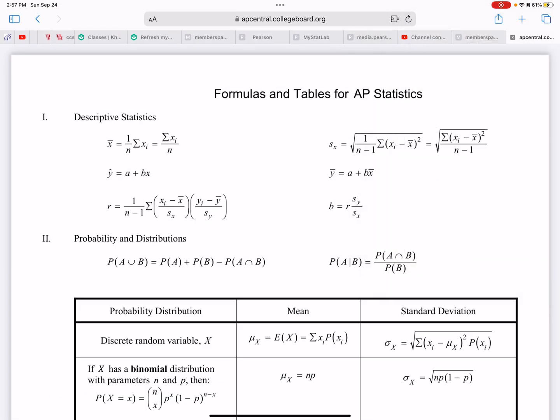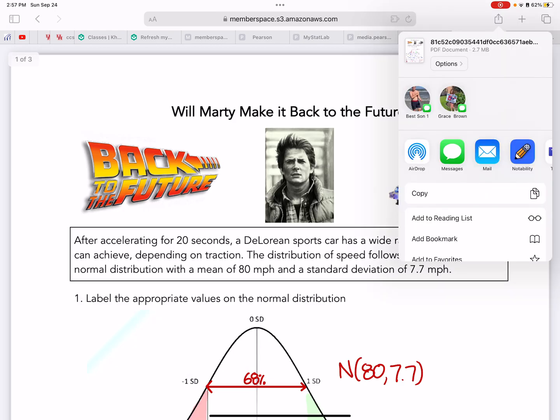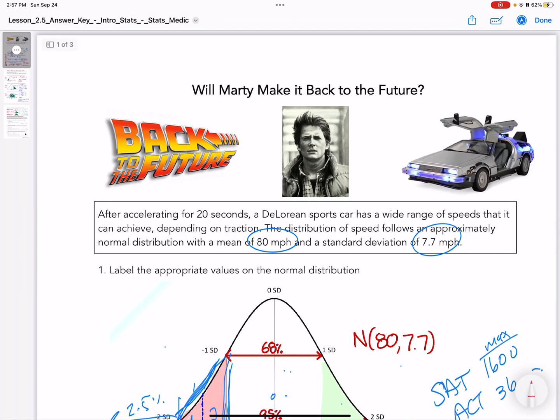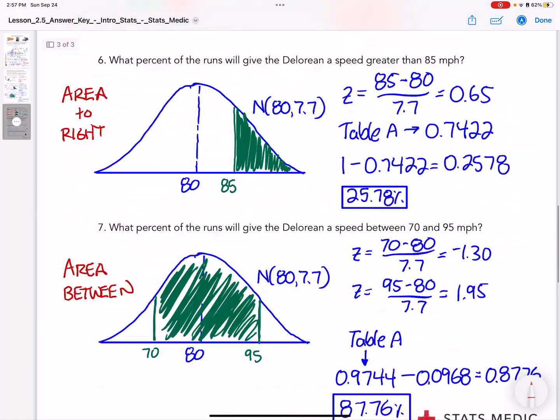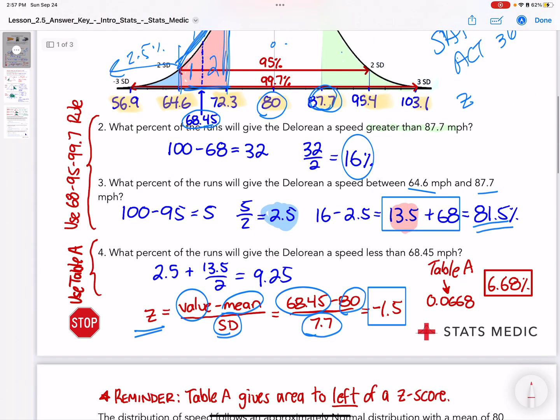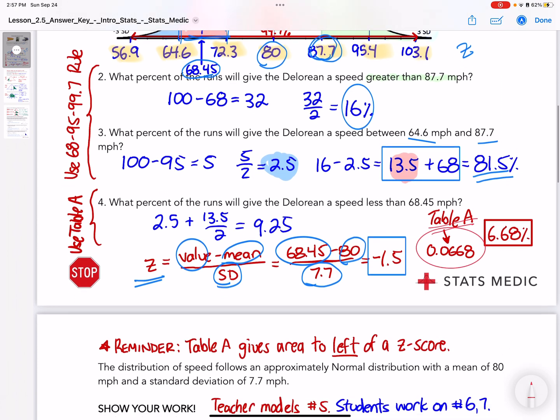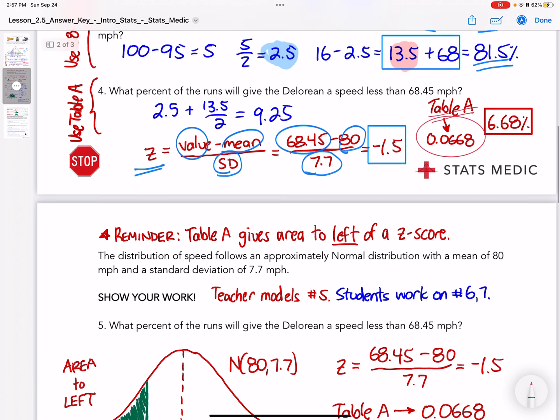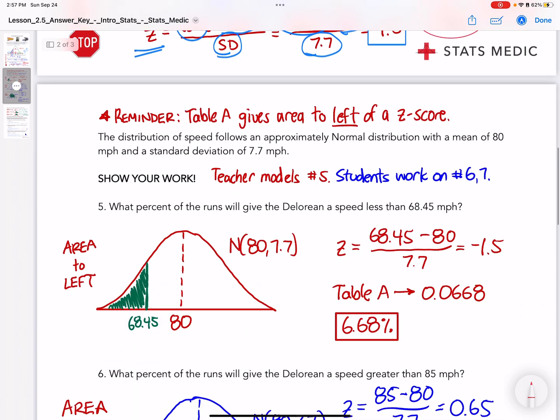Let's jump back to our Marty. Okay, and so that's why we have this as 6.68%, and it says we got it from Table A. Table A is our z-score chart. Okay, so for number 5, it says what percent of the runs will give the DeLorean a speed of less than 68.45? So the first step always, guys, is to draw a picture.